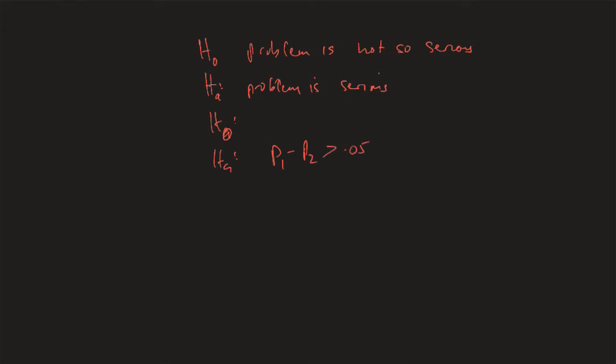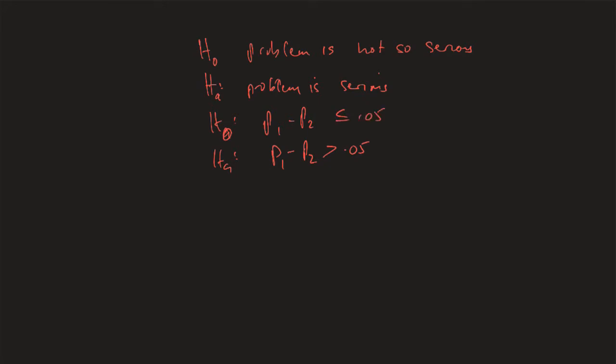So basically we could say the problem is serious versus the problem is not so serious, or the gap is not so serious. If that's the case, H0 versus Ha, then what would happen is we would say P1 minus P2 is greater than 0.05 versus P1 minus P2 is less than or equal to 0.05.